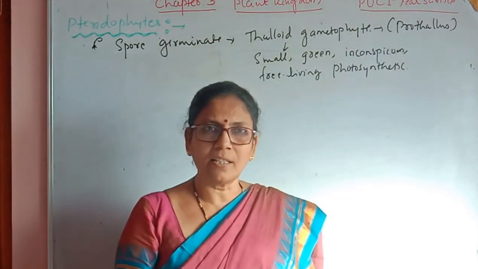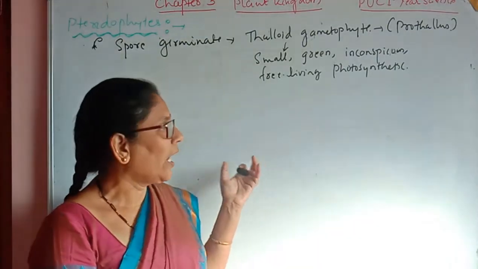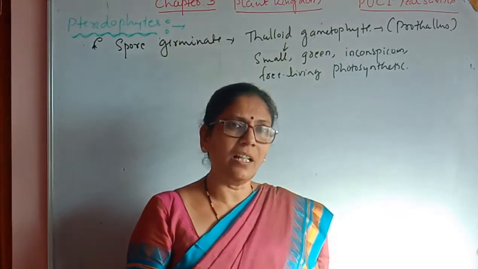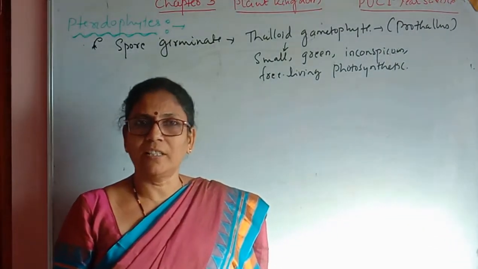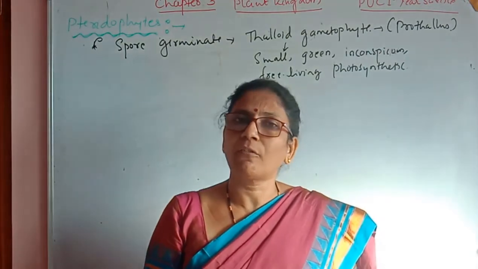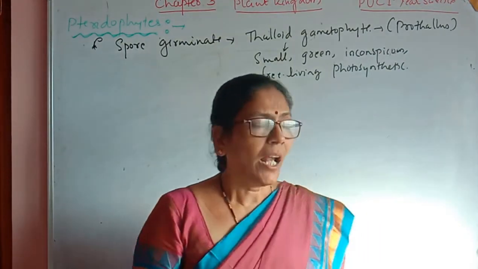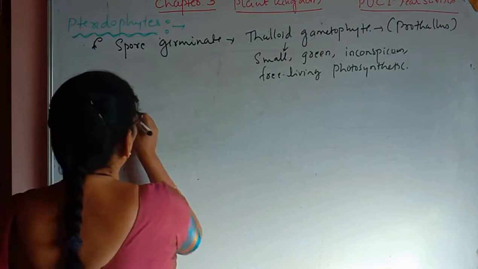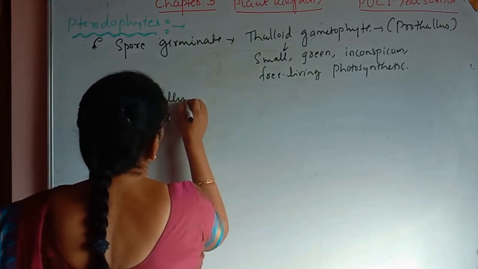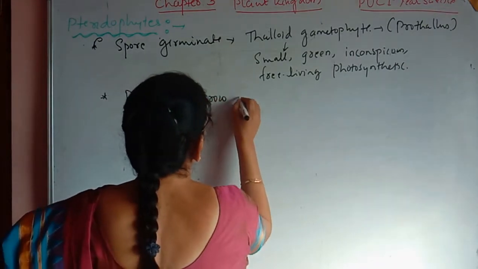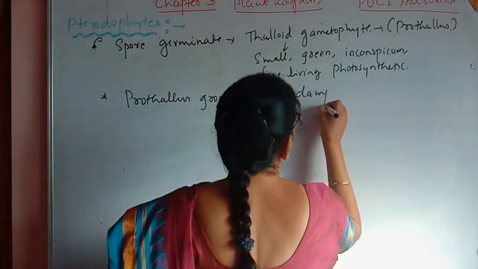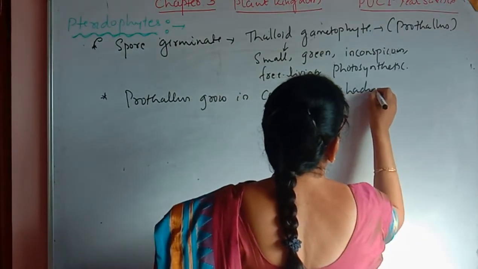The gametophyte is free living, green in color and photosynthetic. It is not depending on the sporophyte for its food or nourishment. And this prothallus usually grows in cool, damp, shady areas.